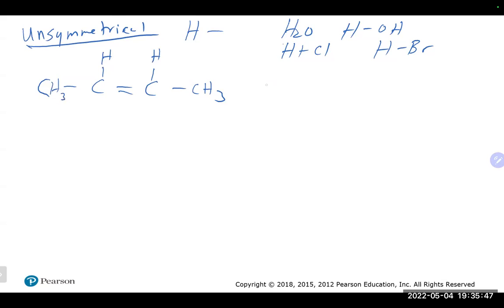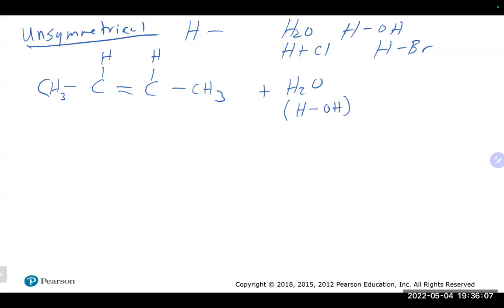In this case, let's say we did add water, which is H2O. When we're adding water for this purpose, you could think of it once again as H and OH. So what's being added to one carbon will be the hydrogen, and what is being added to the other carbon will be an OH group.